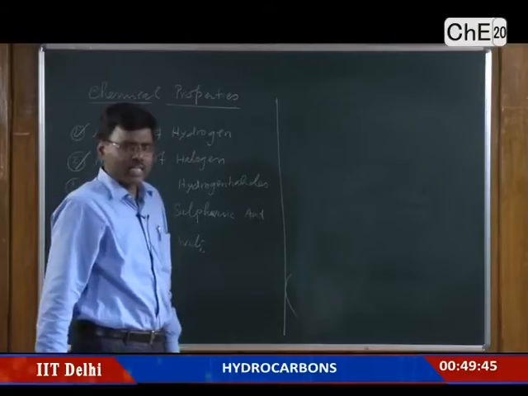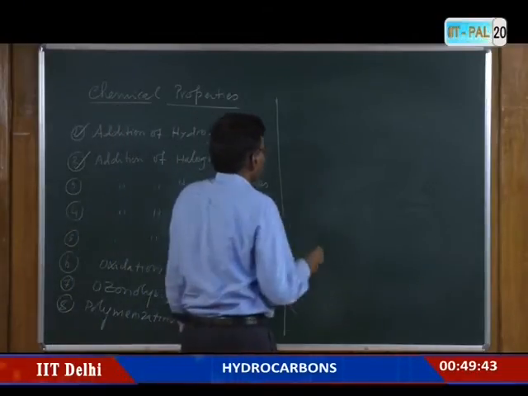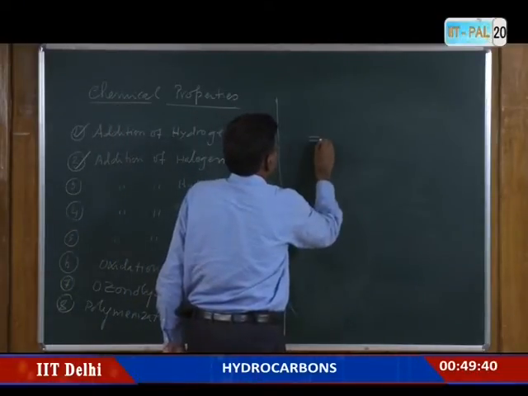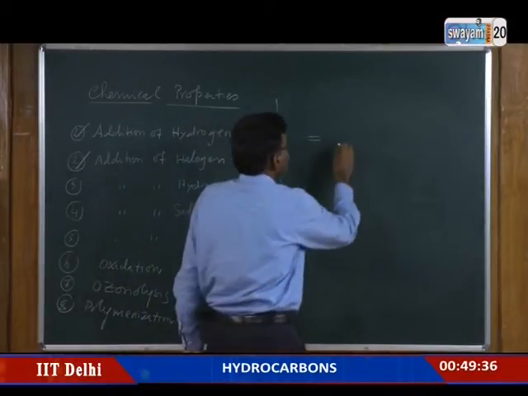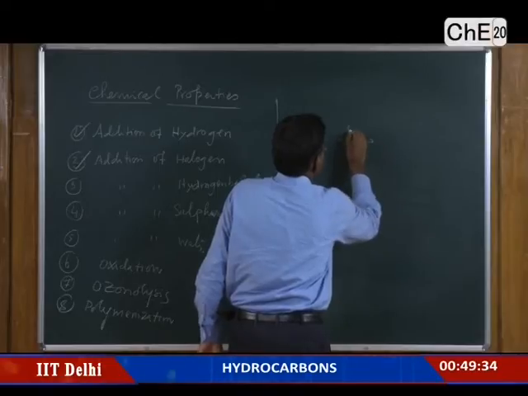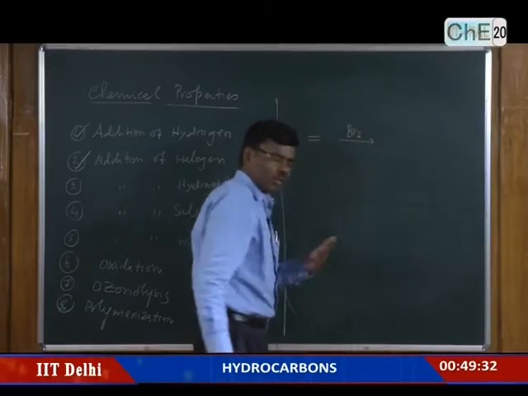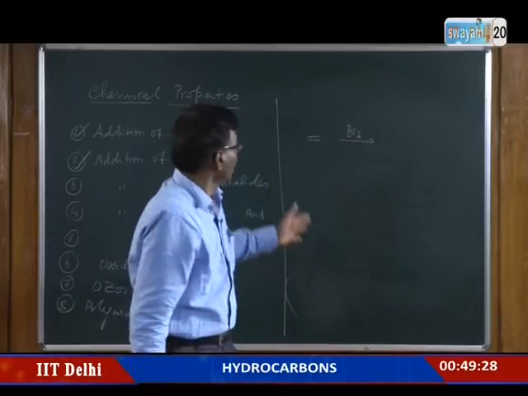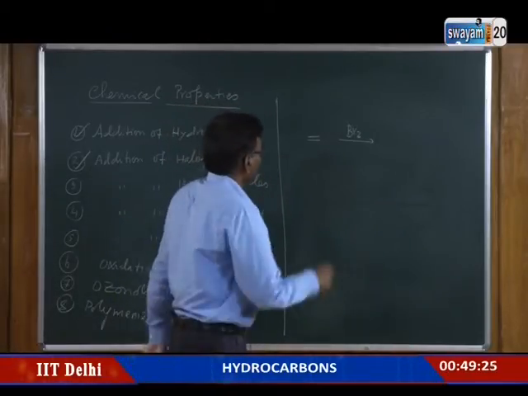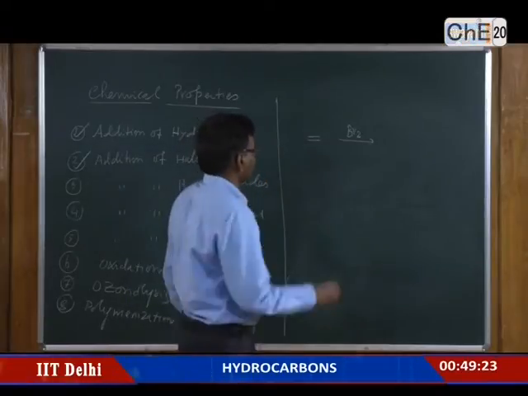It's an electrophilic addition reaction, and when you have the alkene, for example ethylene, and you react ethylene with, for example, Br2 or chlorine, iodine does not undergo addition with alkene under normal conditions. However, bromine readily undergoes reaction in the presence of CCl4.